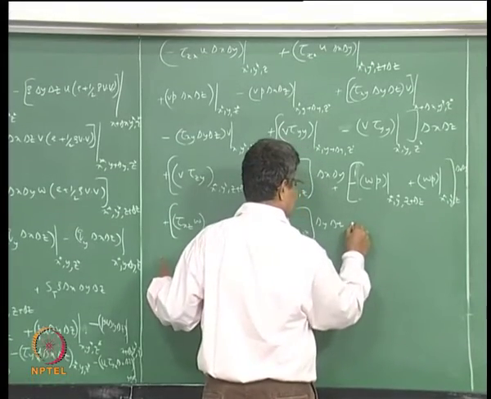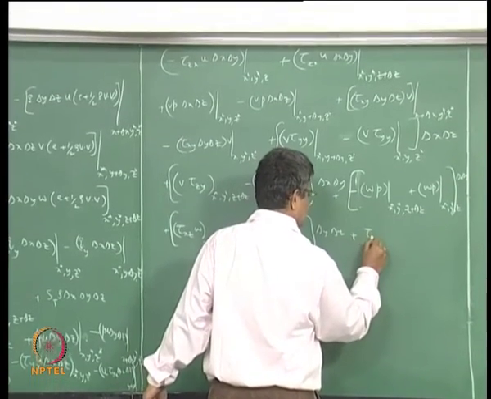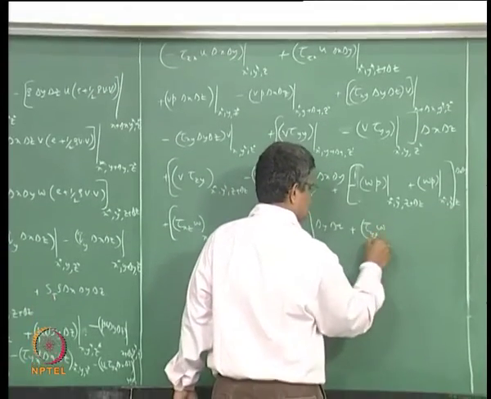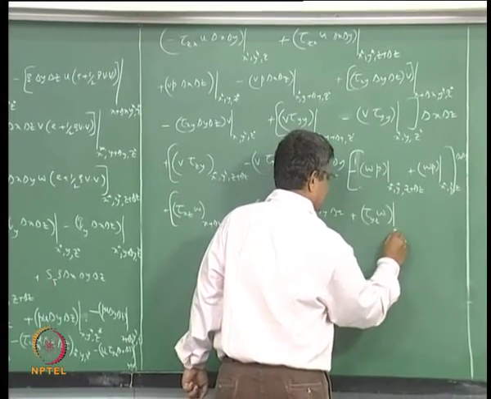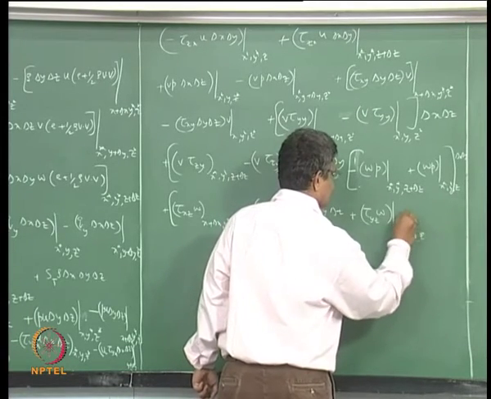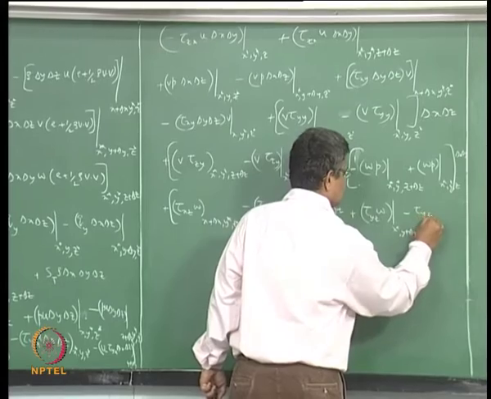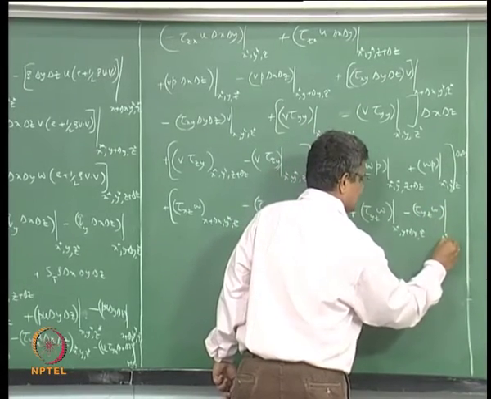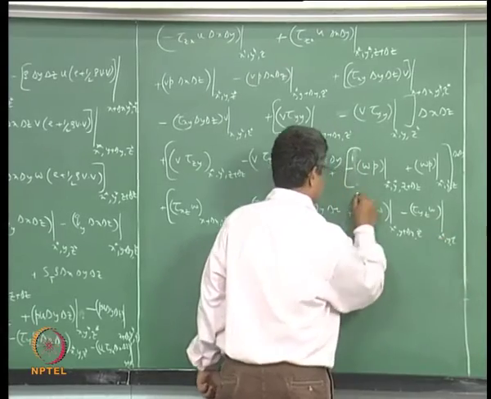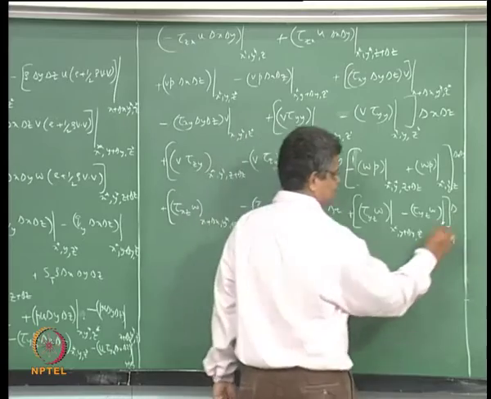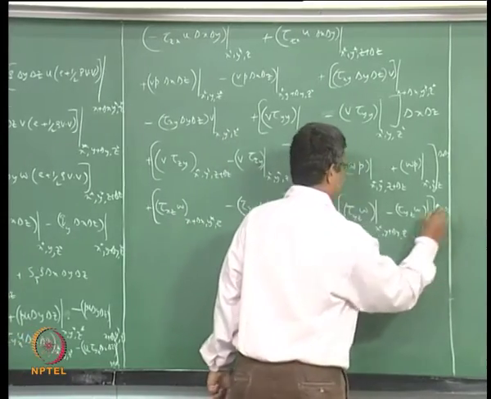on the two y faces, plus tau yz times w at x star, y plus delta y, z star, minus tau yz w at x star, y, z star, both these multiplied by the corresponding area, which is delta x delta z.